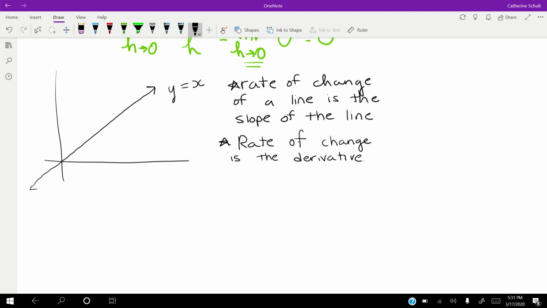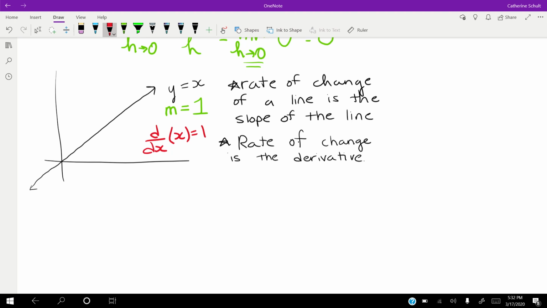Okay, so let's look at this line, y equals x. What's the slope of the line? m is equal to 1. So that means if we were to take the derivative of x, it has to be equal to the slope. And so it's equal to 1.